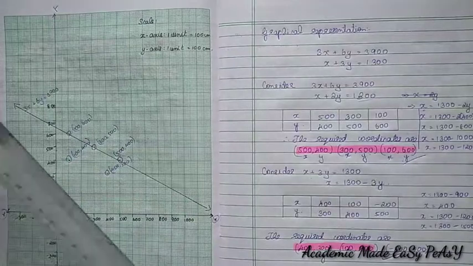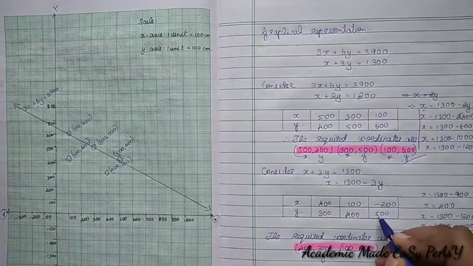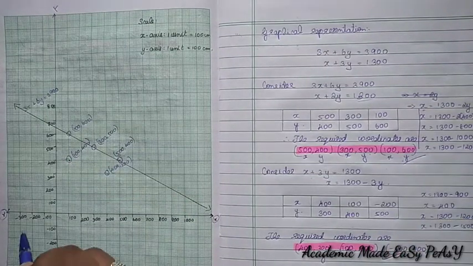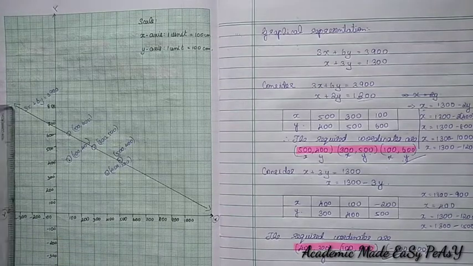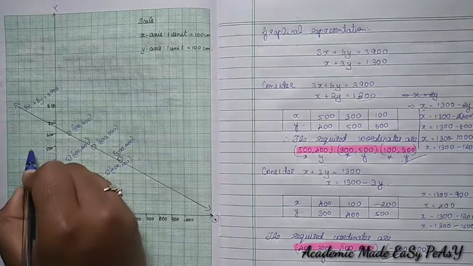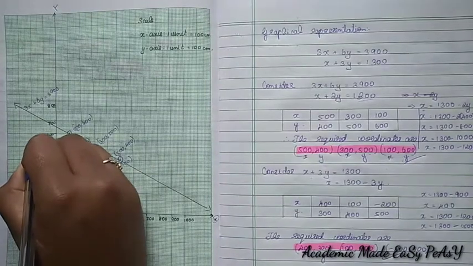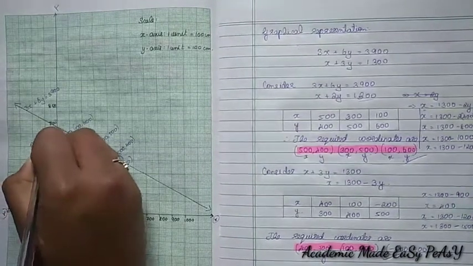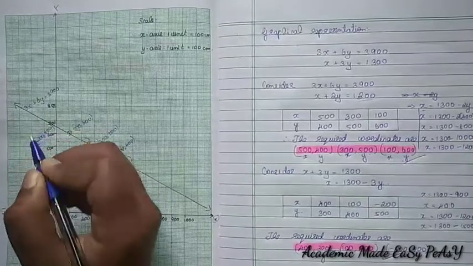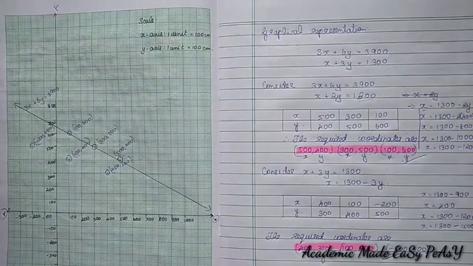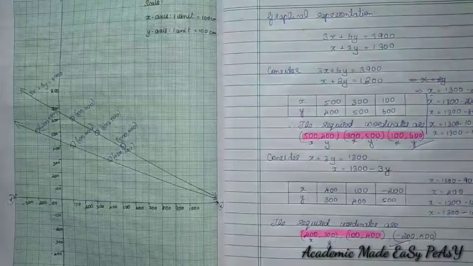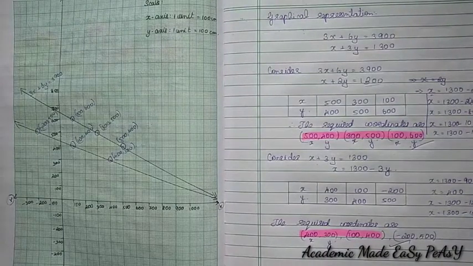Next it is minus 200, 500. So minus 200 is over here and 500 is here. Minus 200, 500. Okay, so now I will be drawing the line for it. The graphical representation is also over.